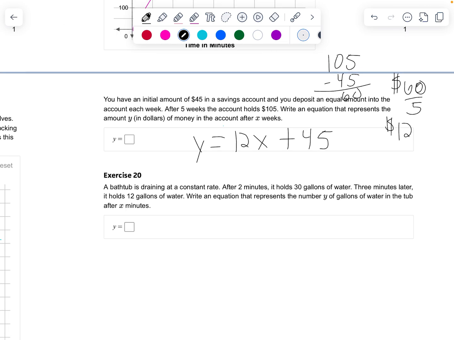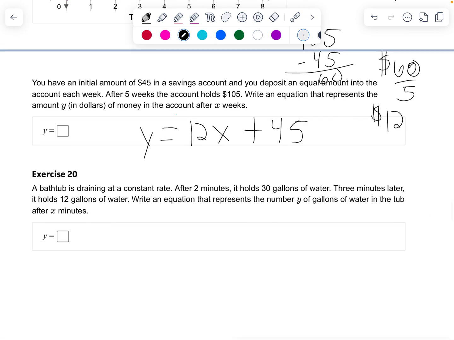Last one. A bathtub is draining at a constant rate. After 2 minutes, it holds 30 gallons of water. 3 minutes later, it holds 12 gallons of water. Write an equation to represent the number of Y gallons of water in the tub for X number of minutes.